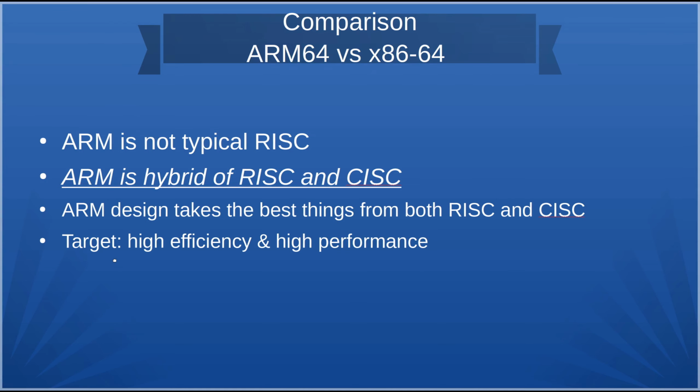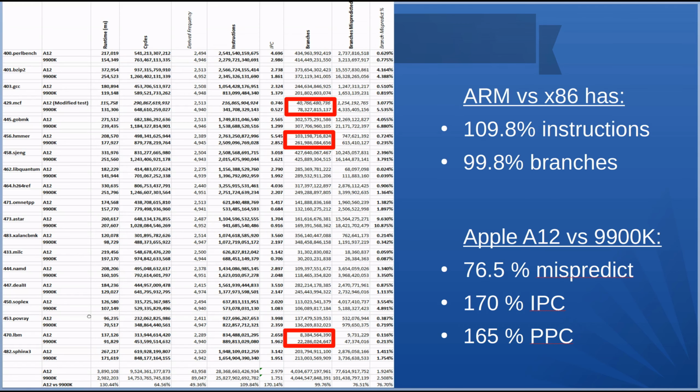So let's take the data, and you will probably be really shocked. This is actually a table from Andrei Frumusanu from his Twitter. It's really interesting because this is the SPEC 2006 benchmark, profiled, and you can see the instruction counts for every subtest.